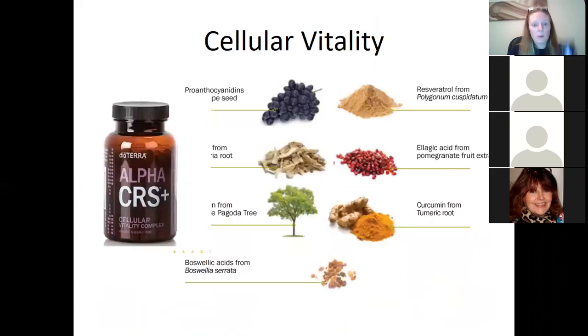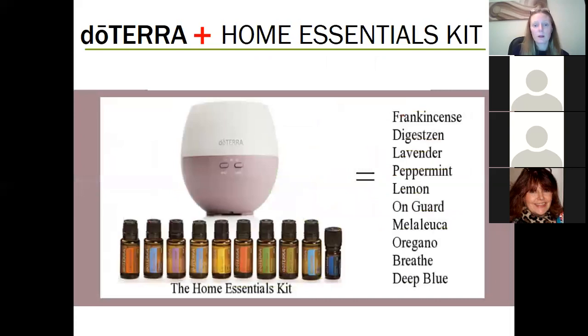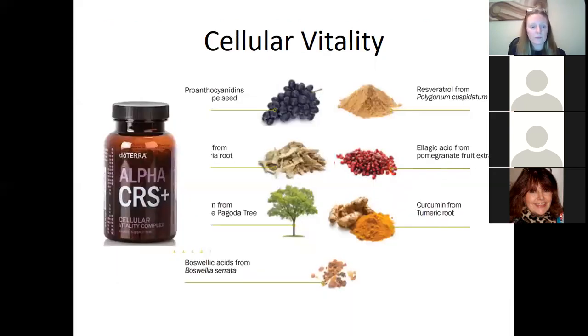Okay, and then we have the cellular vitality complex, and as you can see, these are mostly made up from berries and turmeric, which is amazing for the heart. So what this one does is it goes into your system, goes into the cell, and helps to repair any damaged cells that you've got.